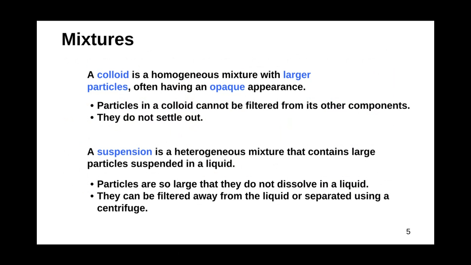If you've ever seen fresh squeezed orange juice or lemonade, right? You have very large particles. A lot of it's dissolved in water, but it has an opaque overall appearance. And that's what we think of as a colloid. Colloids are typically larger in size. Particles in a colloid cannot physically be filtered from its other components, and they do not settle out. So they're not just hanging out at the bottom of your solution.